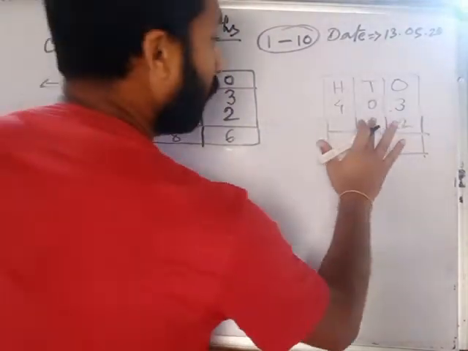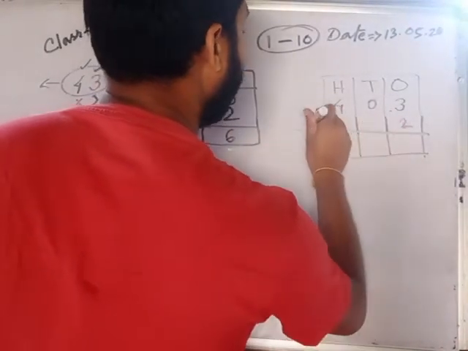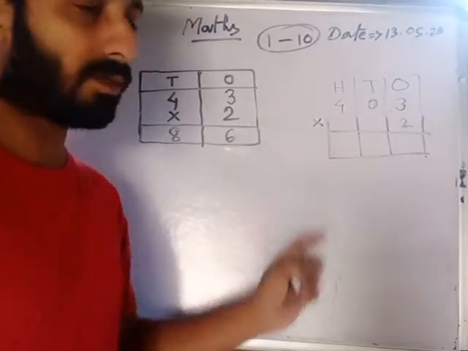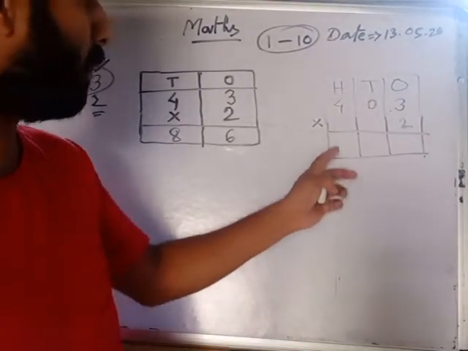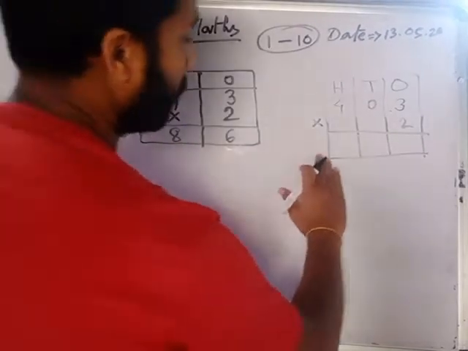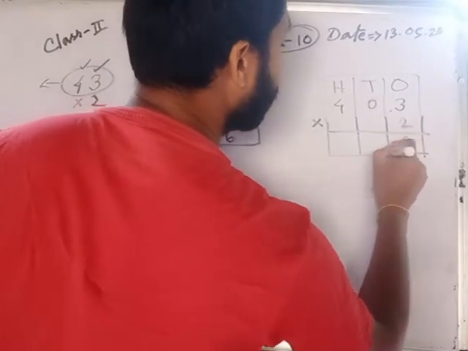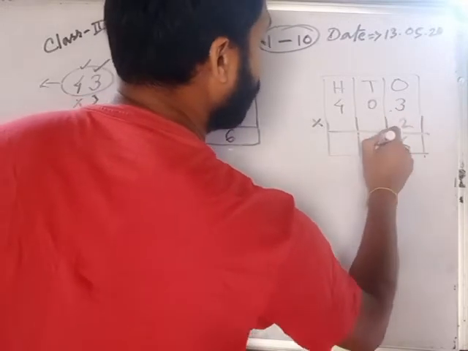Also you should write the multiplication sign outside of the table. Okay. 3 2s are 6, 2 zeros are 0.